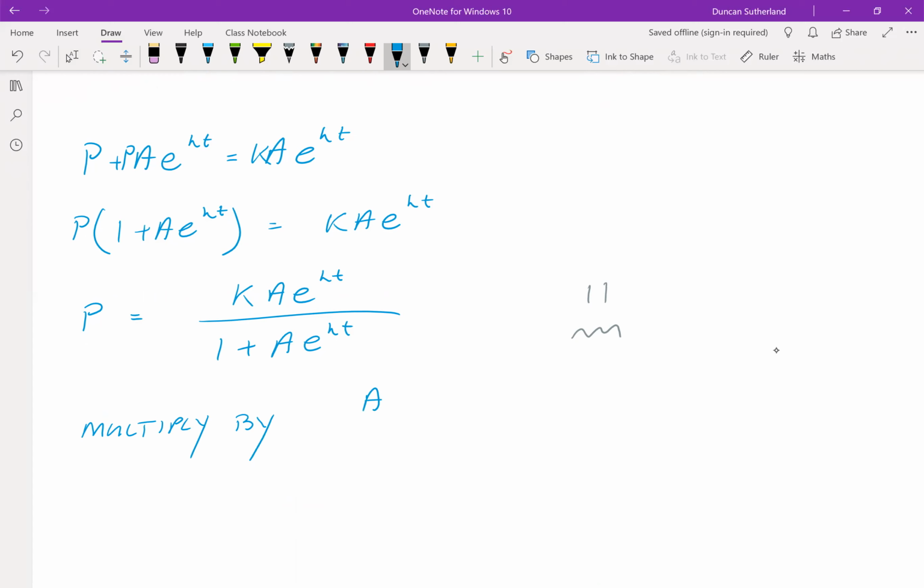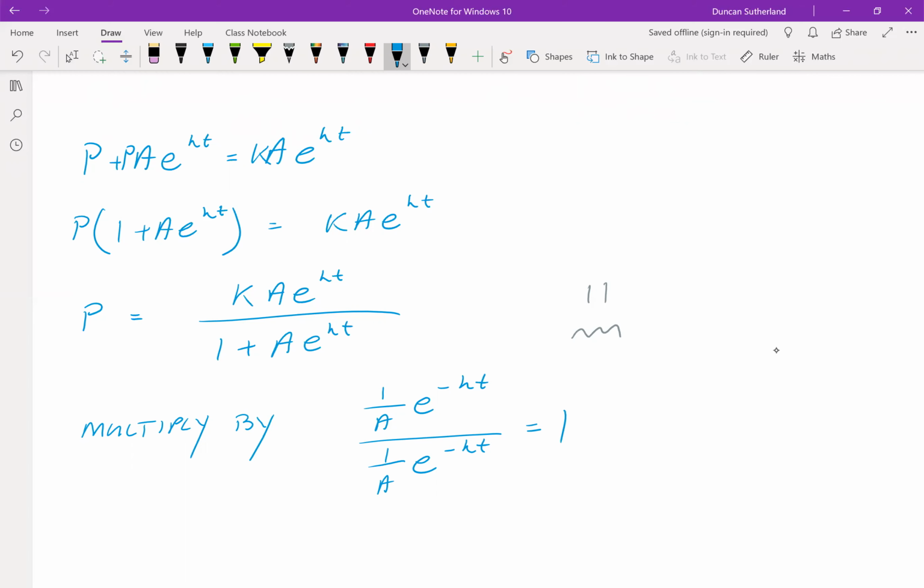If we multiply by this clever form of 1, right, that equals 1, right?